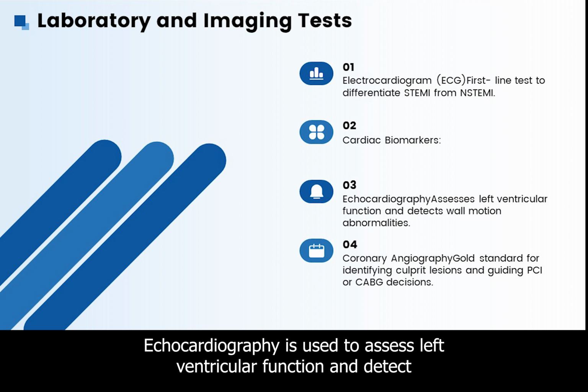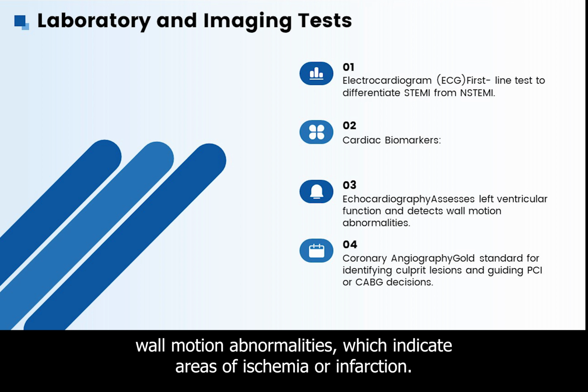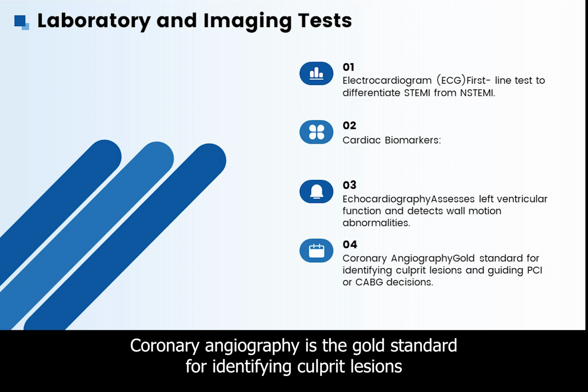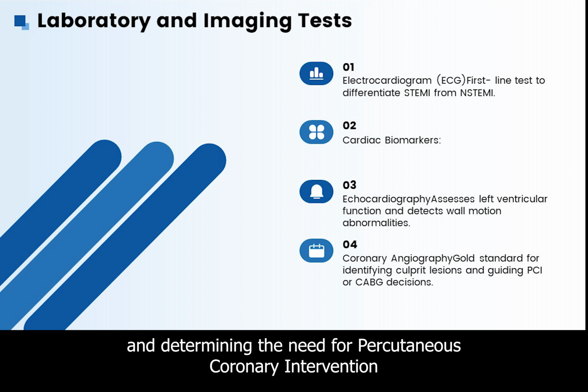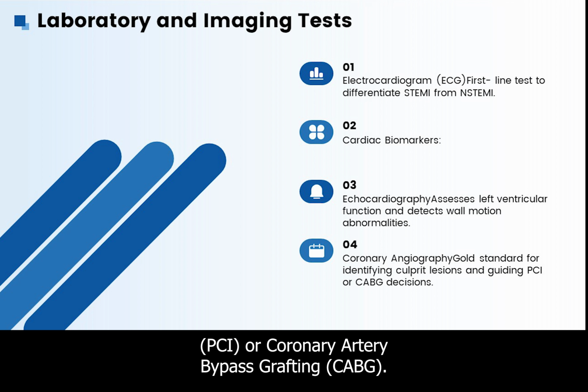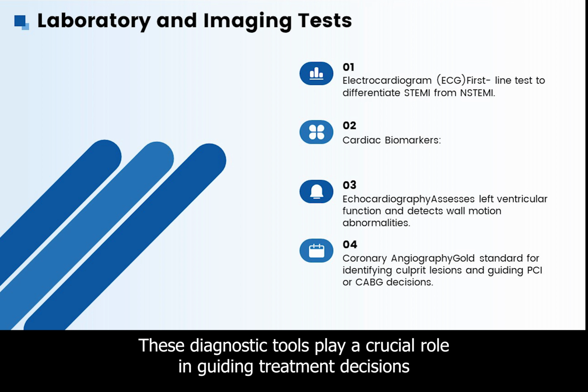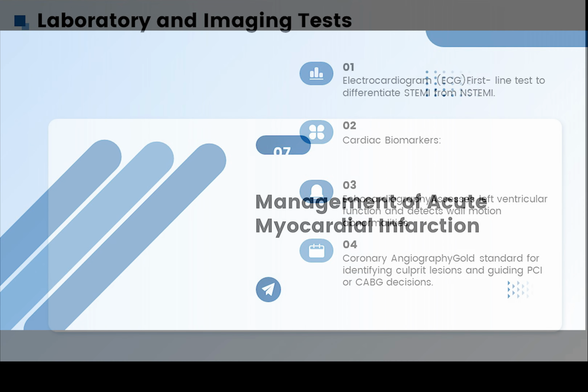Echocardiography is used to assess left ventricular function and detect wall motion abnormalities, which indicate areas of ischemia or infarction. Coronary angiography is the gold standard for identifying culprit lesions and determining the need for percutaneous coronary intervention or coronary artery bypass grafting. These diagnostic tools play a vital role in guiding treatment decisions for AMI patients.